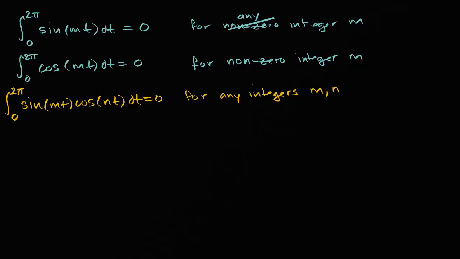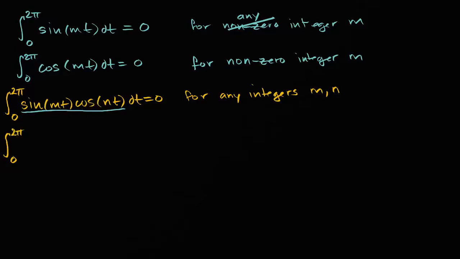Well, let's just rewrite this part right over here, leveraging some trig identities. And if this is completely unfamiliar to you, I encourage you to review your trig identities on Khan Academy. So this is the same thing as a definite integral from 0 to 2 pi. This sine of mt times cosine nt, we can rewrite it using the product to sum formulas.